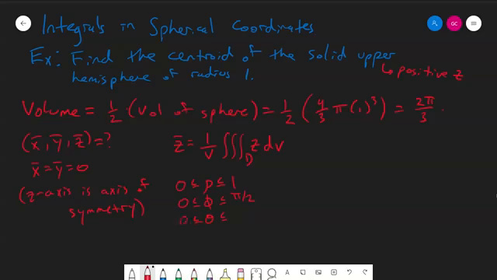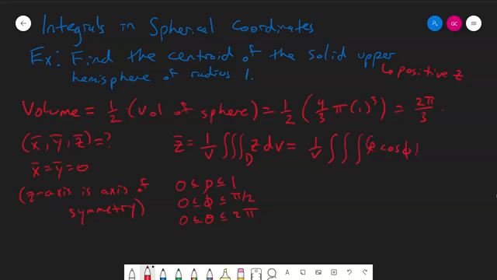For theta, we have the whole range from 0 to 2 pi, because I haven't restricted anything around the z-axis. I have the sphere all the way around the z-axis. Okay, so I have 1 over v. I have to convert z into spherical coordinates, and z is rho times cosine of phi.